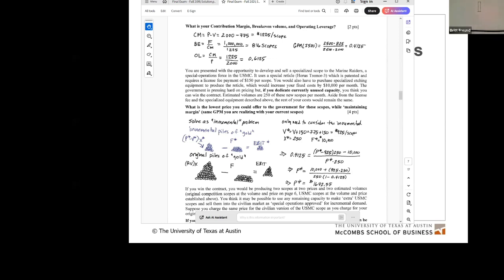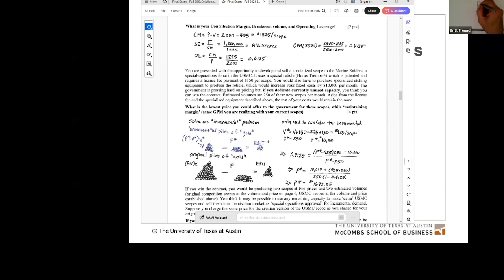Each of those scopes has to cover the new variable cost, which is now, was it 925? Yeah, 925. Each of those scopes has to provide a little bit of money to cover the new fixed cost. So the new allocated fixed cost is that $10,000 I have to pay for the equipment spread out over the 250 scopes, which is, what is that, 400 bucks?